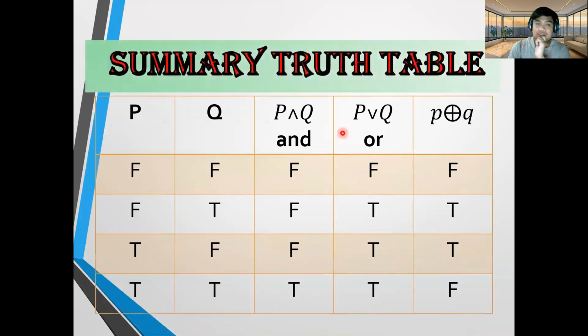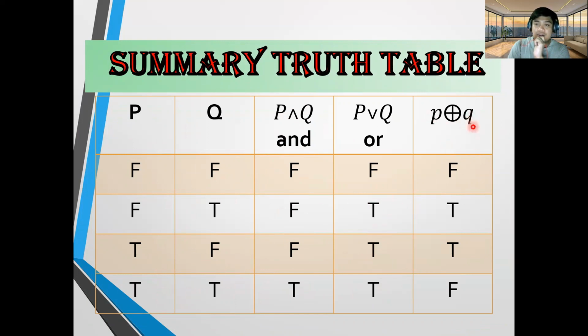Summary of truth tables, as you can see. So we have here P and Q. So we have false, false, true, false, true, false, true, true for our and, for our conjunction. So kailangan magparehas sila na true para maging true. Otherwise, false. Okay, for our or naman, kailangan mayroong isang true para maging true. So we have P, Q: true, false, that's why true ito. True, true, that's why true.